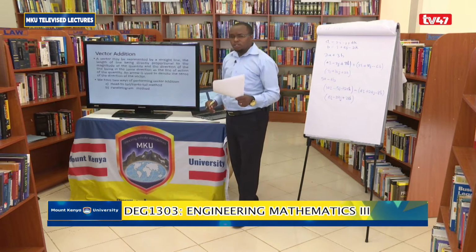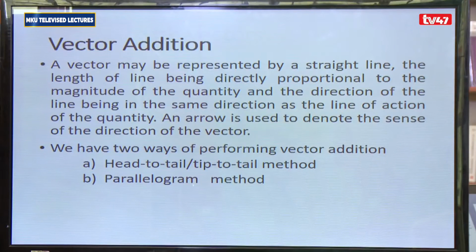Then we have got vector addition. Vector addition is when you have got two vectors that you need to add together, and then you get the result, which has a magnitude or length, and you also need to know the direction of it.